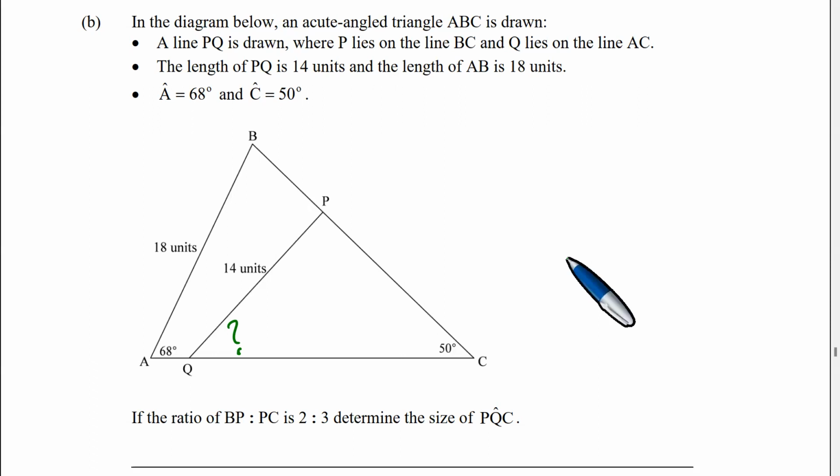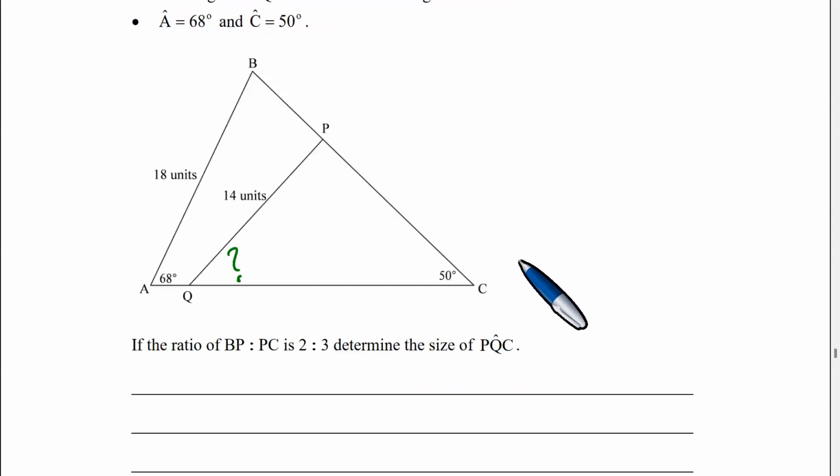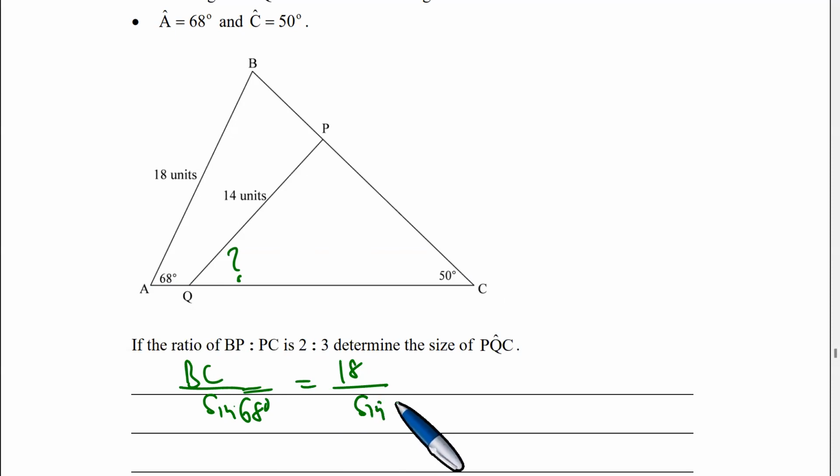All right, so I know you're close. But obviously, one thing we need to realize is, first things first, to find the size of PQC, we do not even know the length of BC. So one thing is to find the length of BC. By using the sine rule, we're going to say BC over the sine of 68 degrees is 18 over the sine of 50 degrees.